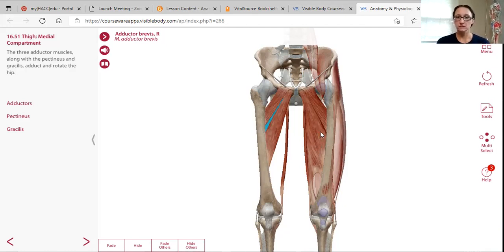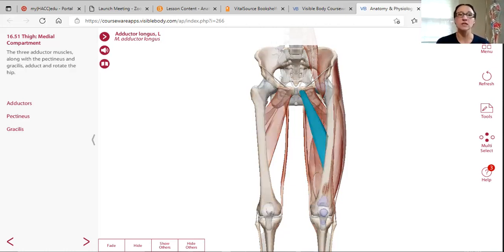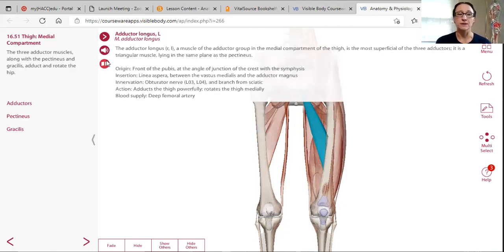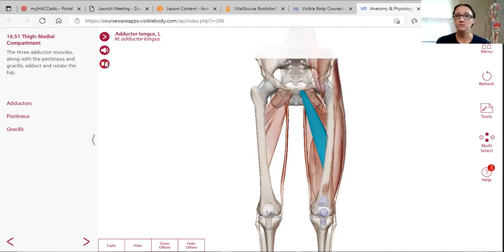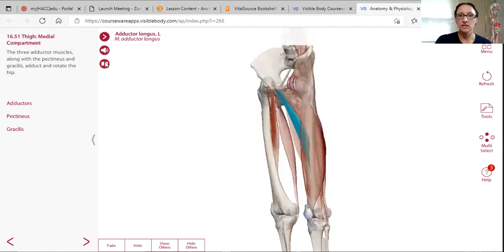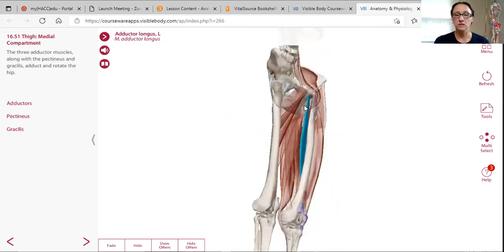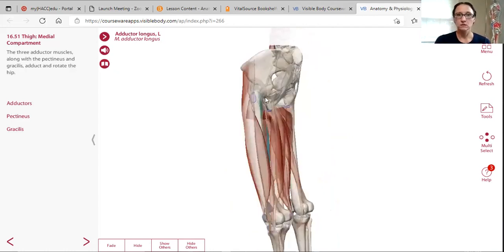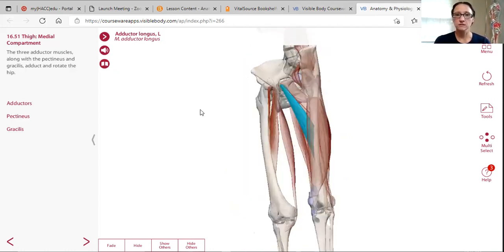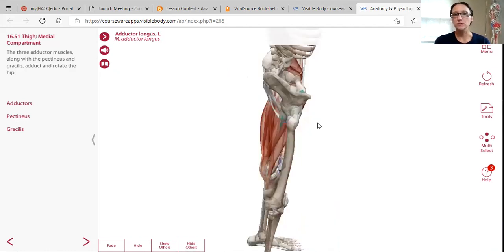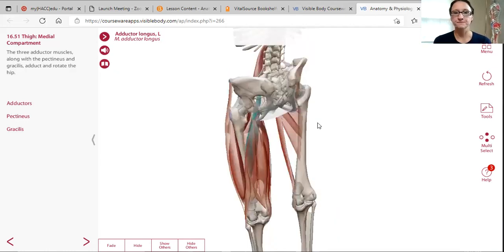You can play with this, you can hide some, you can show others, and you can fade all the rest and just look at one muscle at a time. You can get more information about that particular muscle. And of course, you can rotate this all in 3D. Now, I have a touchscreen computer, so if I'm using my mouse, I just hold the right button in and use my cursor to move everything around.